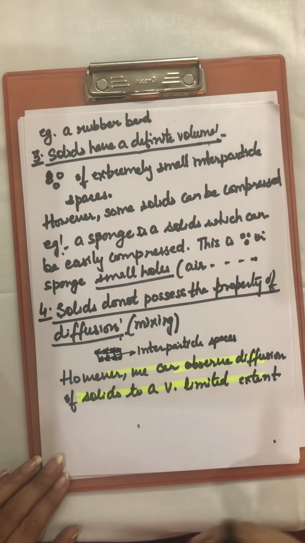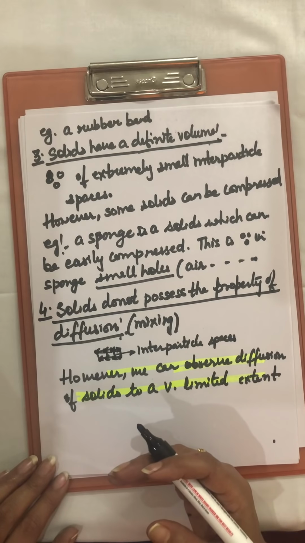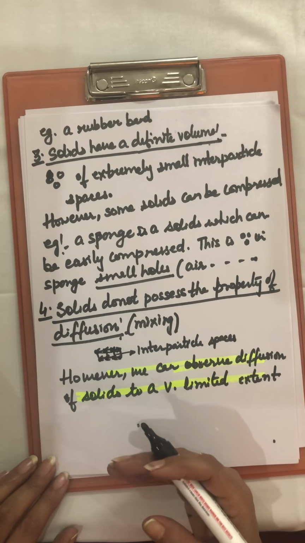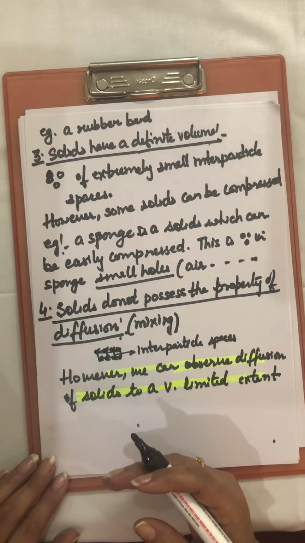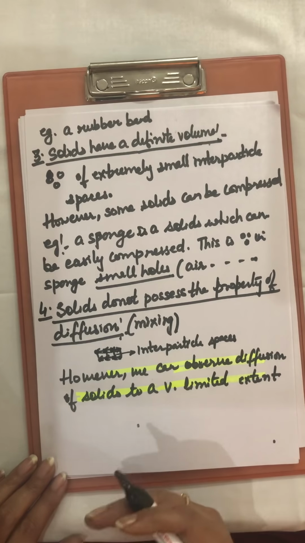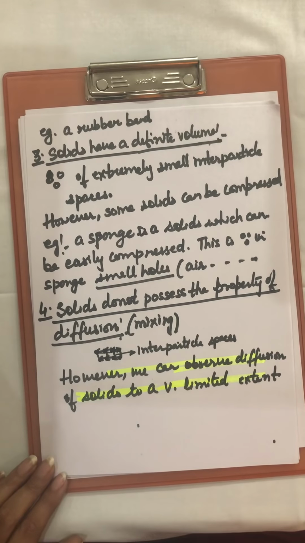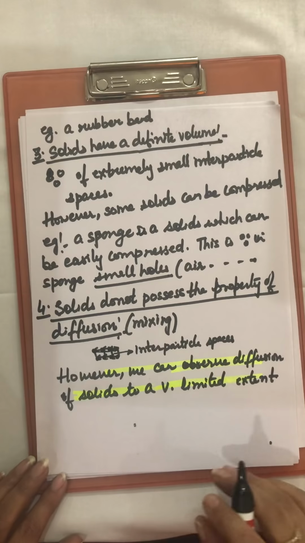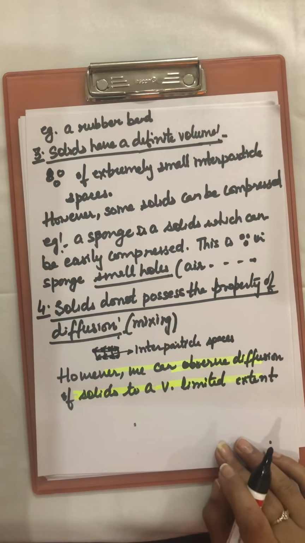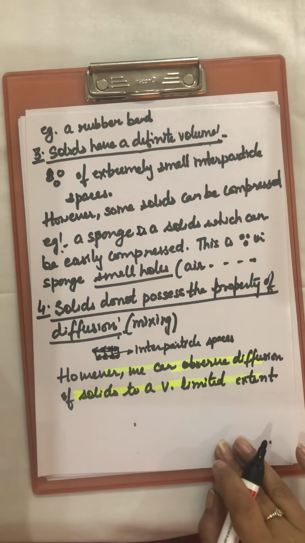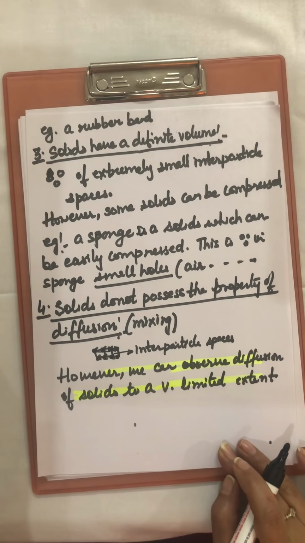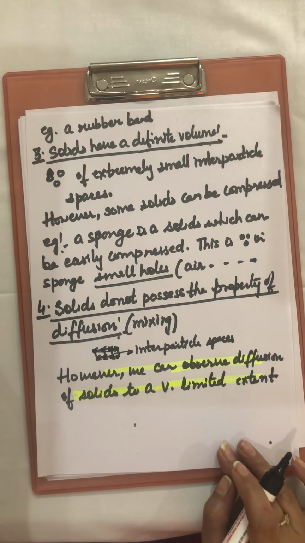When they move inside, that means they diffuse into it. They mix up into it. So when they go inside, it is very difficult to remove them. So even in case of solids, to a very limited extent, diffusion is observed.